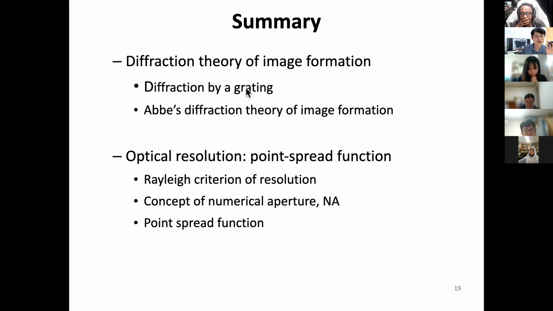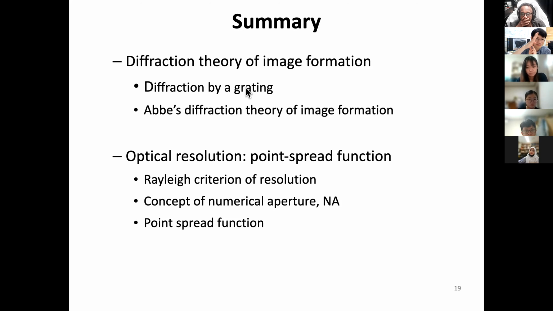You can consider your sample as a summation of gratings. The fine features will have a narrower grating period compared to your wavelength. A narrower grating means that when it diffracts, the light will bend more. A smaller feature size, when it interacts with light, will bend it more.